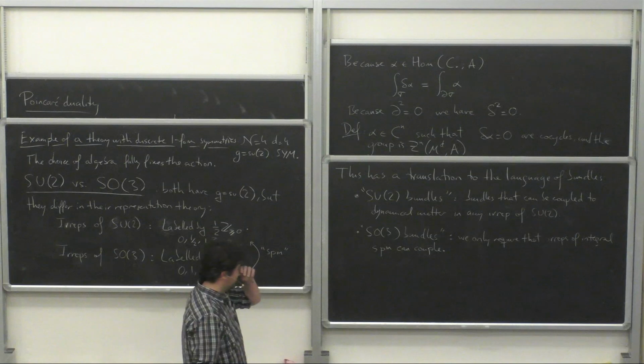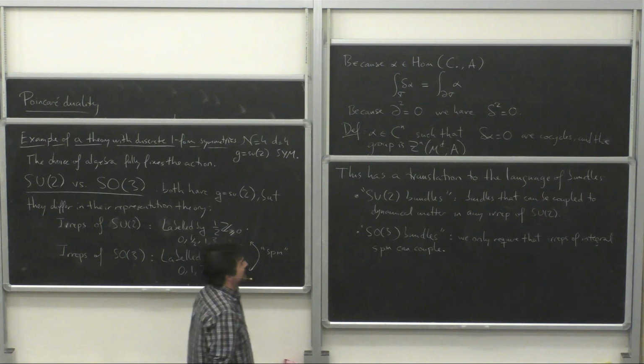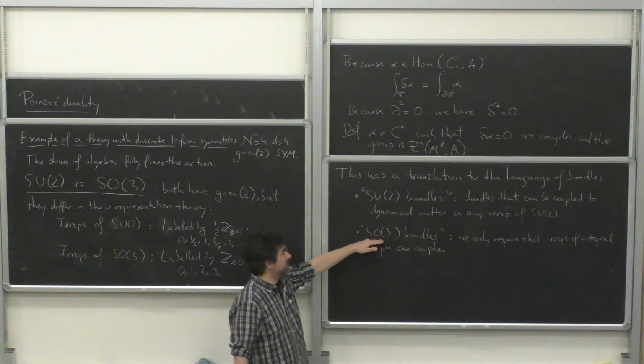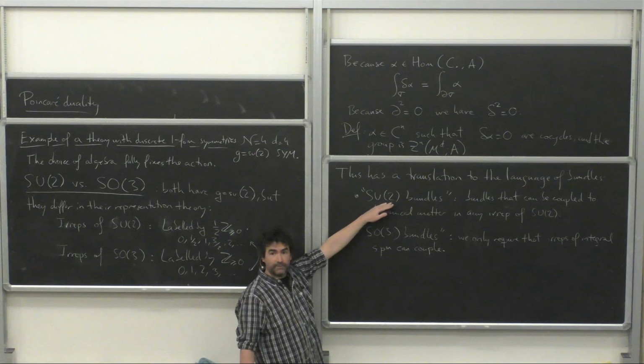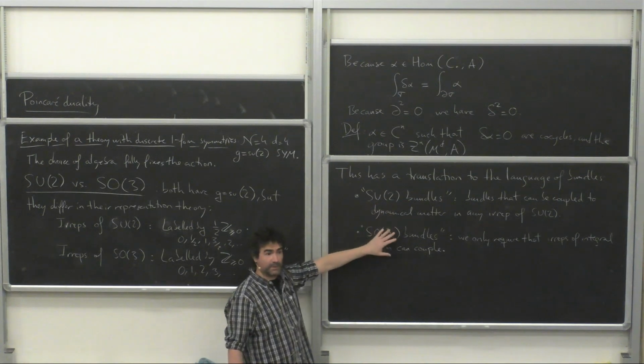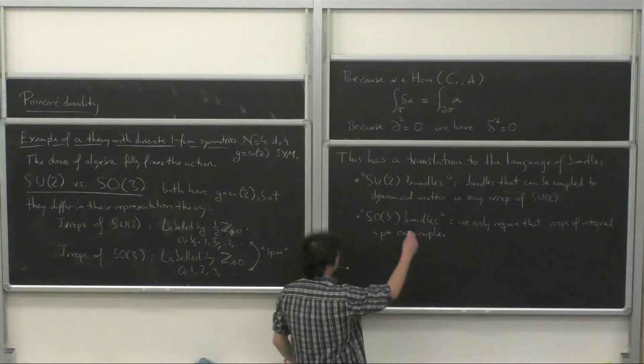Okay, so what does this mean in practice? Let me first emphasize that there are going to be more SO(3) bundles than SU(2) bundles. Here we're imposing fewer conditions than in here, so this group is bigger. There are more bundles of this type. But what does this mean topologically?